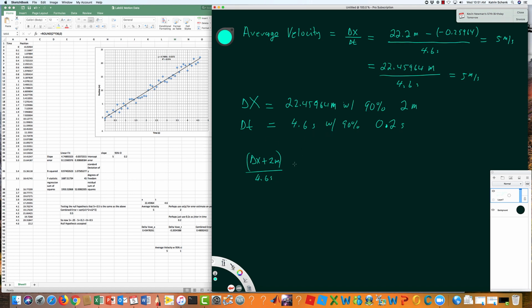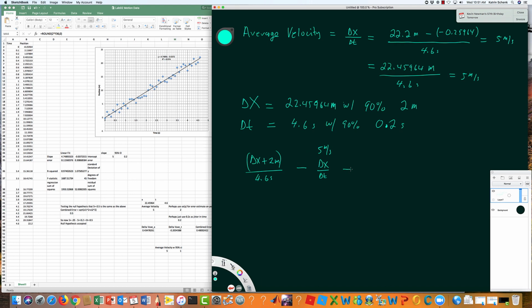I only do one at a time. This minus the actual value, delta x over delta t, which we know is 5, should give me how this change affects my average velocity. And plus or minus, you're going to get the same number either way. Try it if you don't believe me.